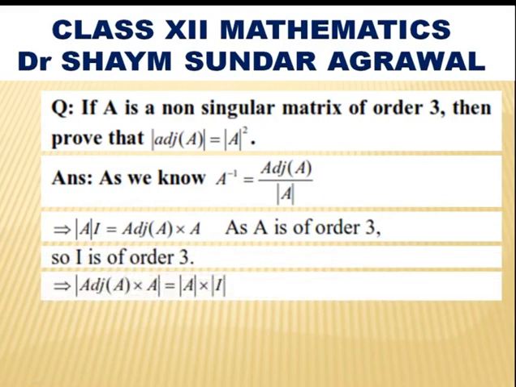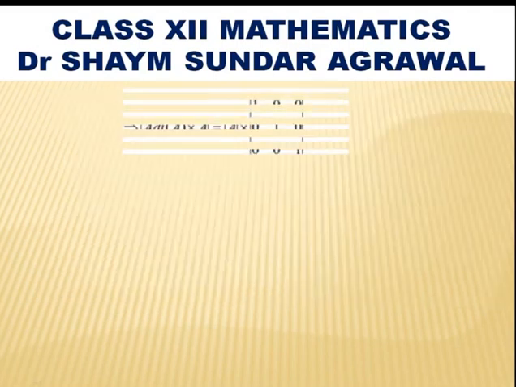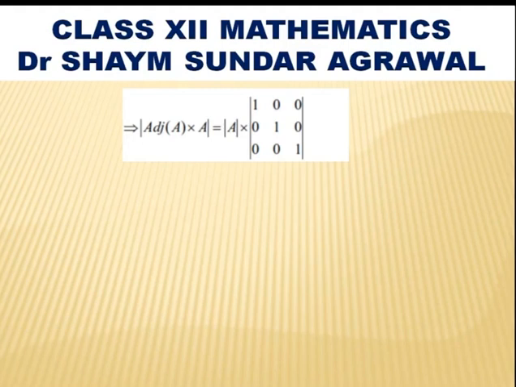Here, the determinant of adjoint of A into A is equal to the determinant of A into the determinant of the identity matrix, that is 1 0 0, 0 1 0, 0 0 1.